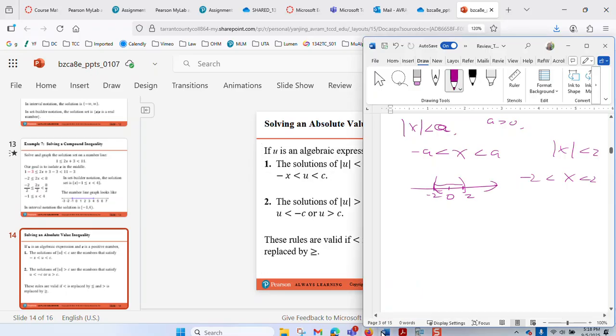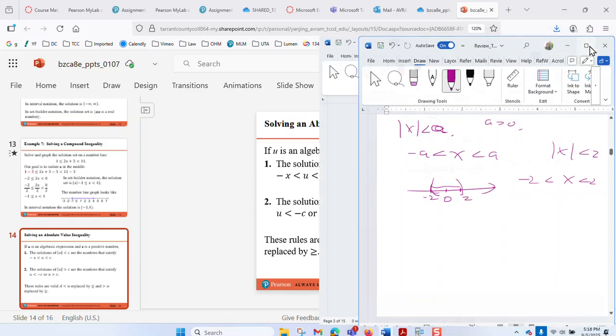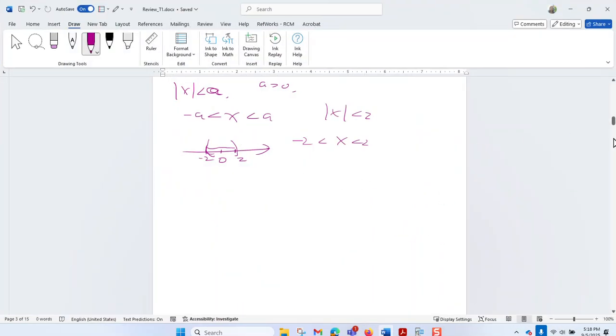How do you understand this one right here? I usually tell people, if you have a less than, like you live away from campus, right? So if you live away from TCC, whatever campus you have, right? And this is less than, okay, so less than 2 miles.